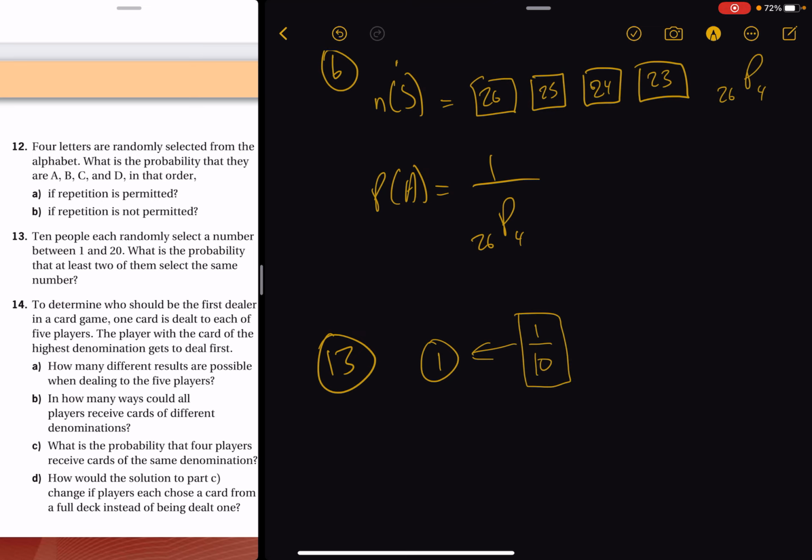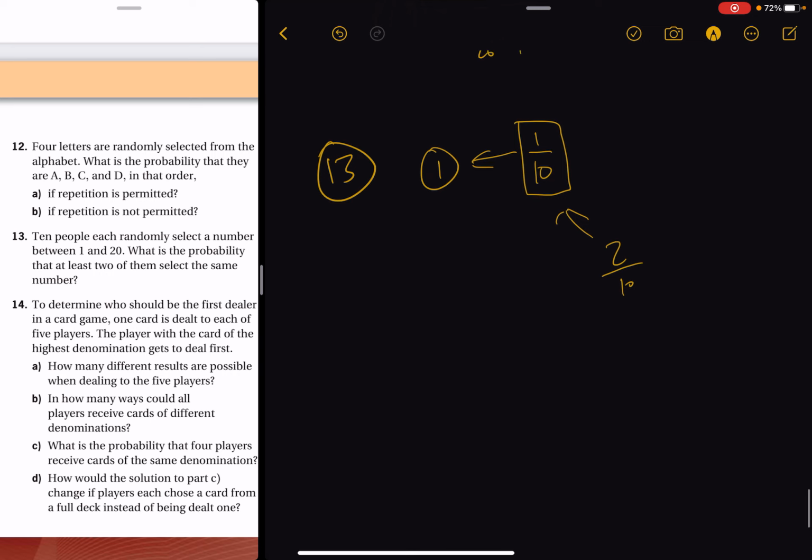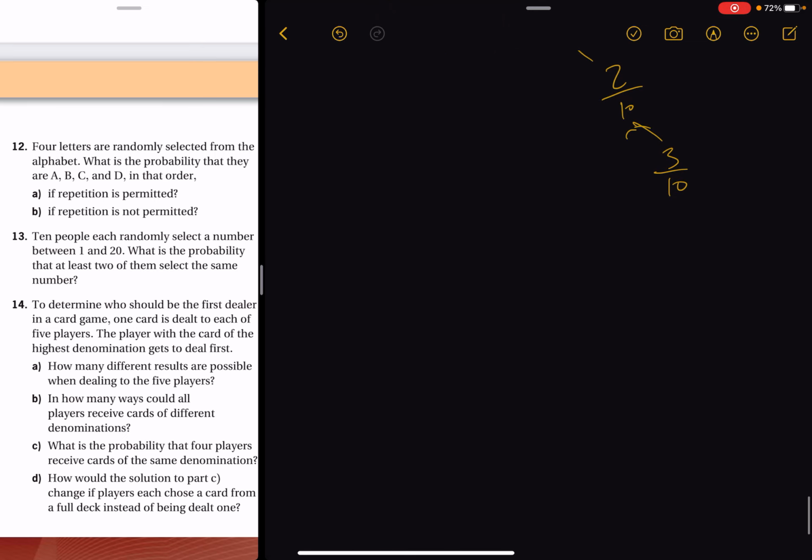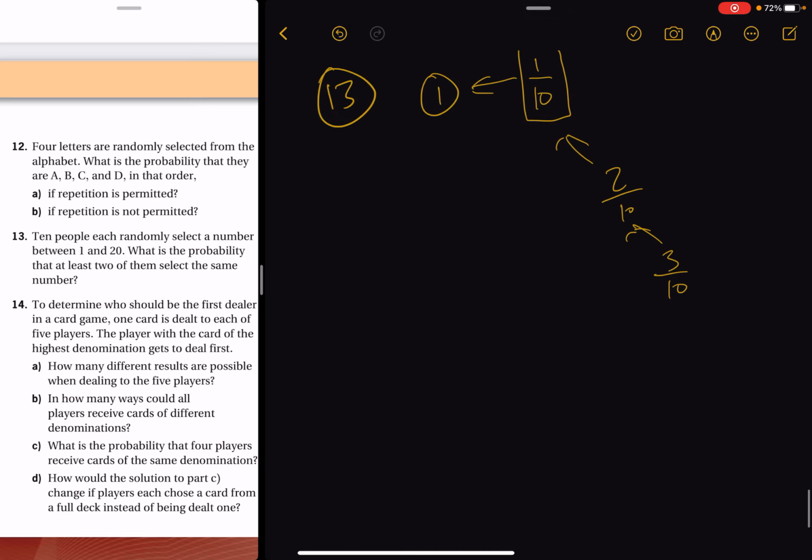If I miss, then the chances increase, because there's that many more people. Okay, so 10 people, and I explained this in class, but I might as well explain it today.